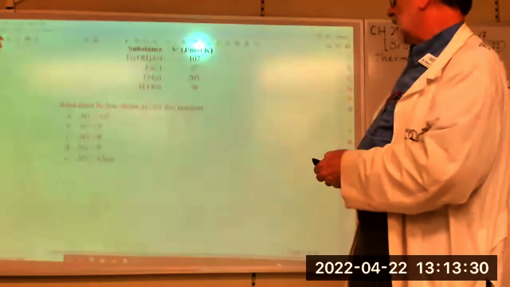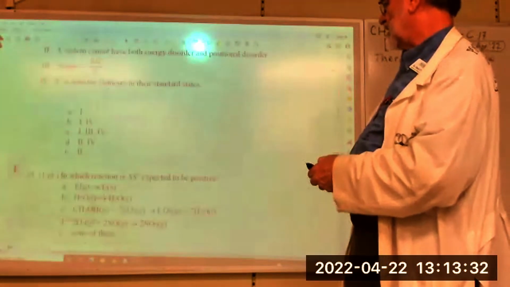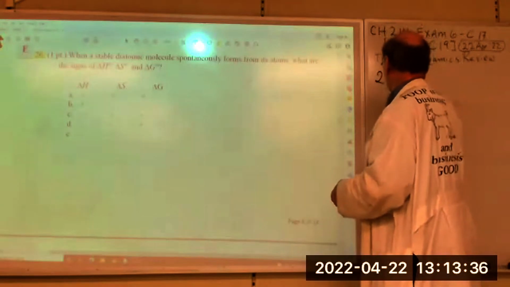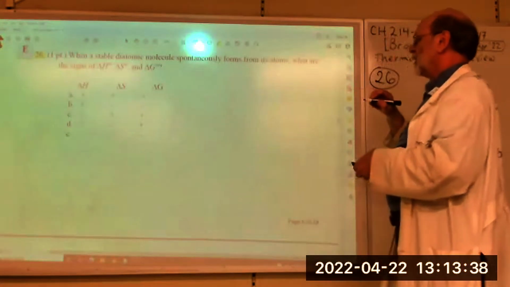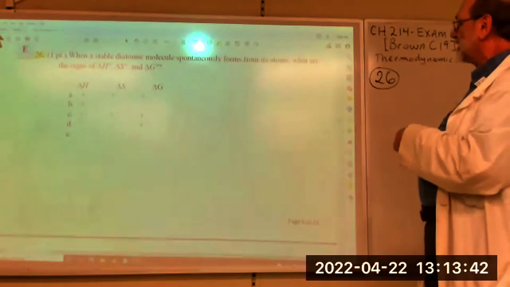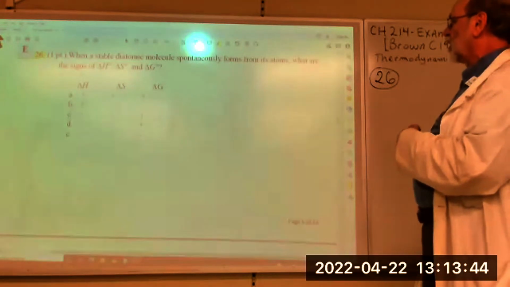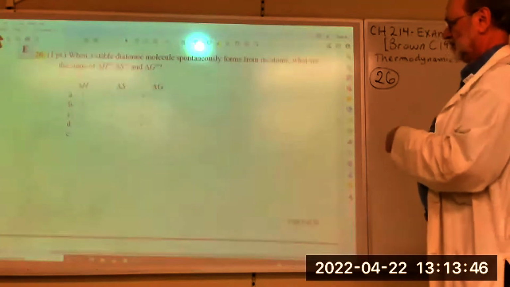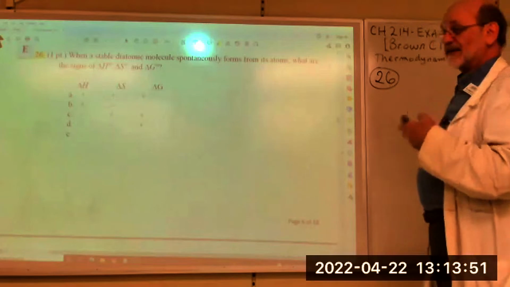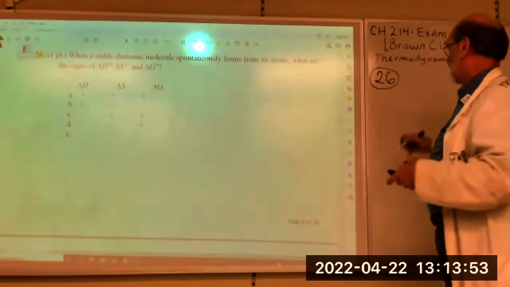Okay, that's 20, let's see, 26. When a stable diatomic molecule spontaneously forms from its atoms, what are the signs? A stable diatomic molecule spontaneously forms from its atoms.